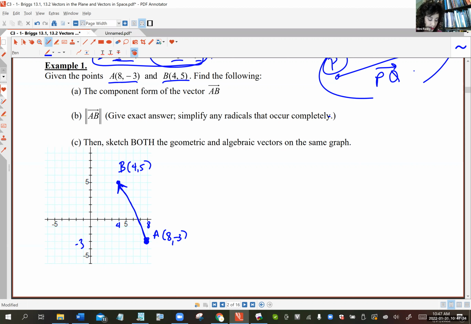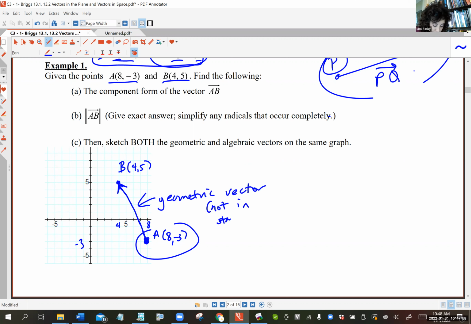Right, your initial point is not situated at the origin. Even so, it's okay not to be in standard position. It's just harder to do business with vectors that aren't in standard position, so I don't like them. But vectors that are not in standard position are known as geometric vectors.